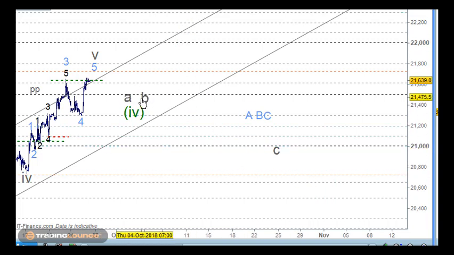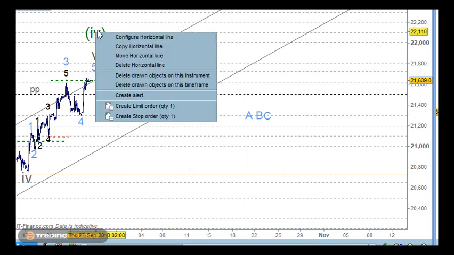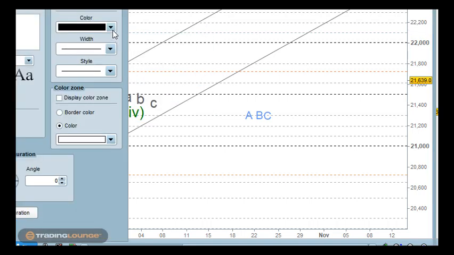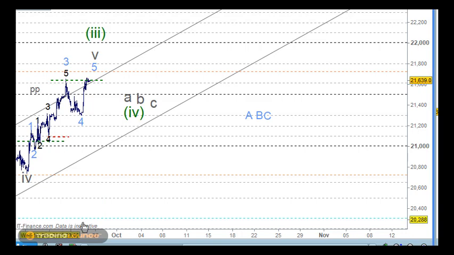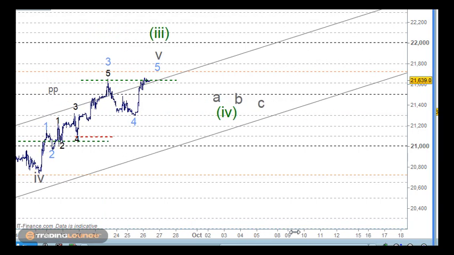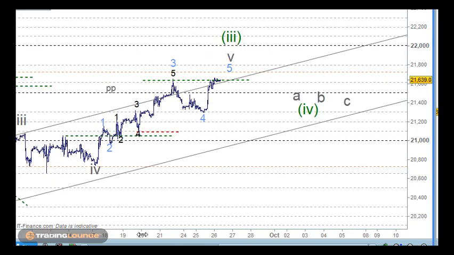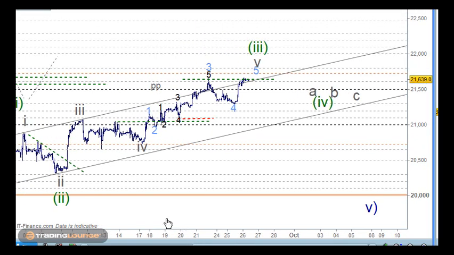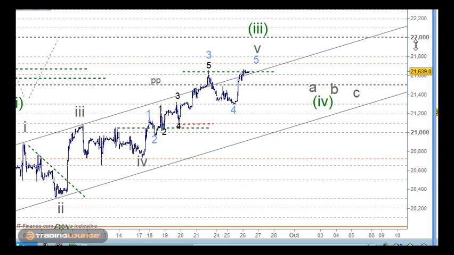Bring these into the fold. So it's just 2 different ways of counting this. So we're okay here at the moment.